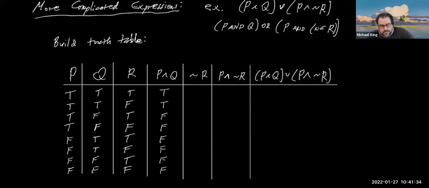Not R is just flipping all the trues and falses in the R column. P and not R, you need to do a little more. I have to look back and forth. I need them both to be true, otherwise it's false, right?